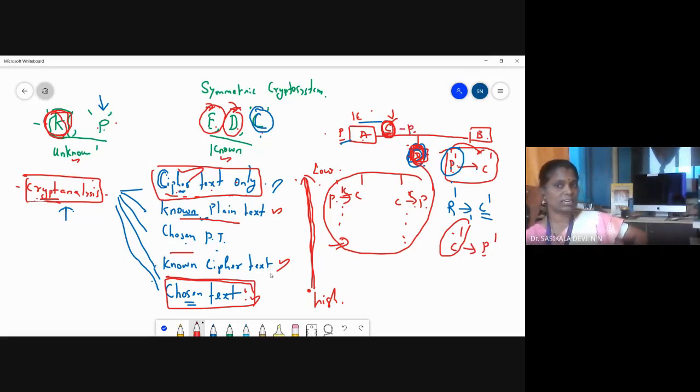Known ciphertext attack means Dark, the cryptanalyst, will get this C, and in addition Dark will prepare some patterns of ciphertext: C prime, C double prime, some different ciphertexts, and their equivalent plain text is also available with Dark.